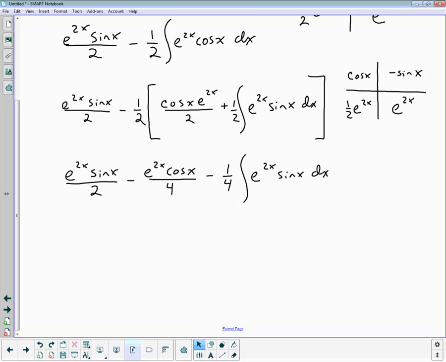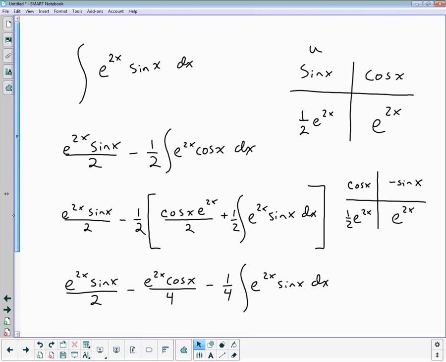Okay. So now here's something really interesting. We got the same thing back. We kind of expected that because we knew we had a cycle, right? The simplest magic trick.